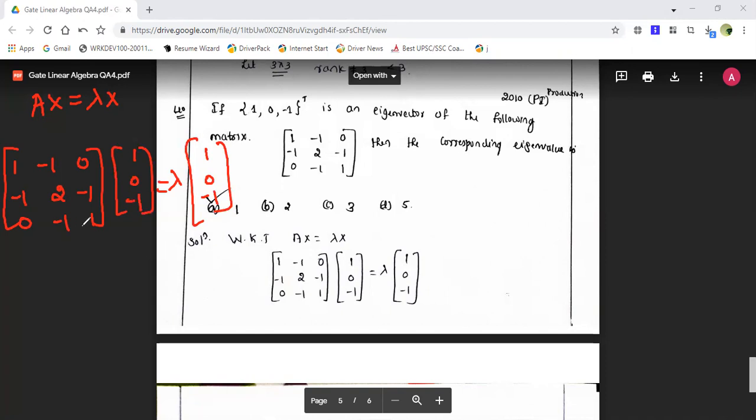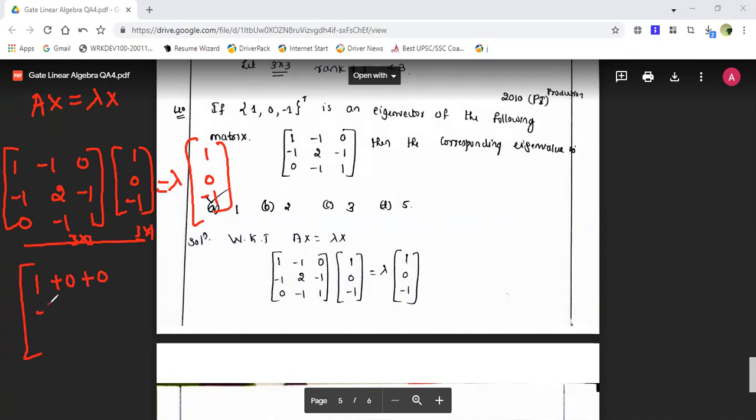Now we have to see that both sides have to be equal, whatever the multiplication you are doing. Then only we can find the value. First, we will take the multiplication and see what the value of lambda is. Since it is a 3 cross 3 matrix times a 3 cross 1 matrix, I'll get a 3 cross 1 matrix. Here you can see it is 1 into 1 minus 0, which is 1.